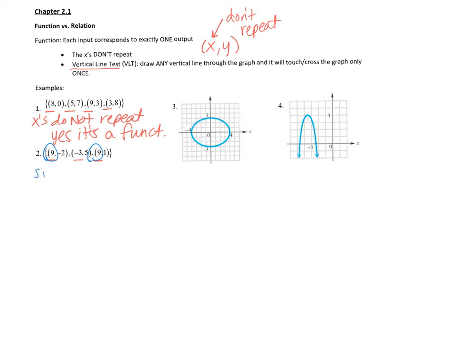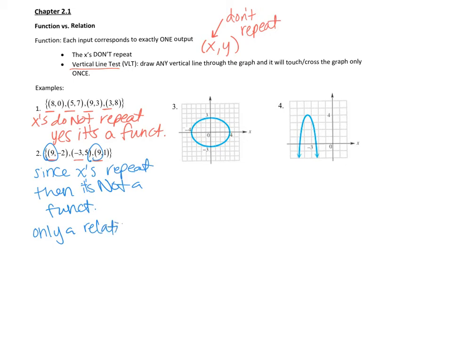Since the x's repeat, this is not a function. It's going to just remain a relation. So only a relation. Remember, any set is a relation. It has to then qualify to be a function.